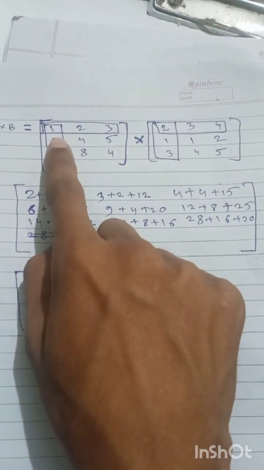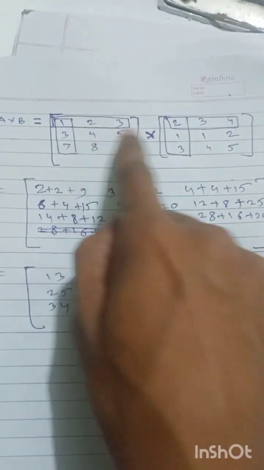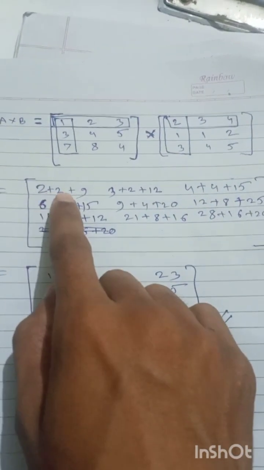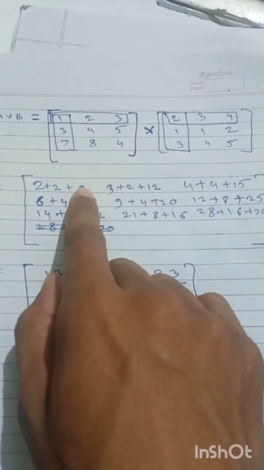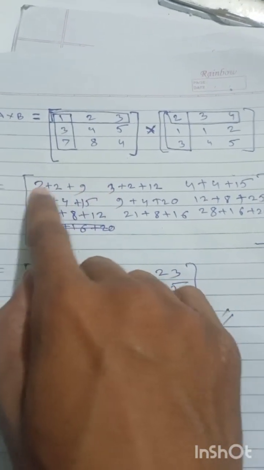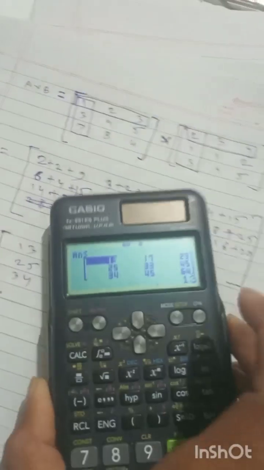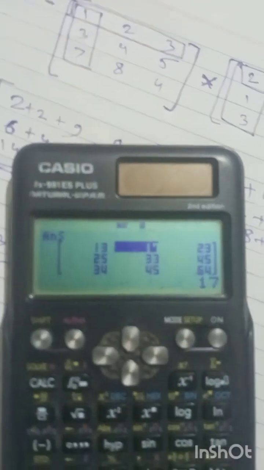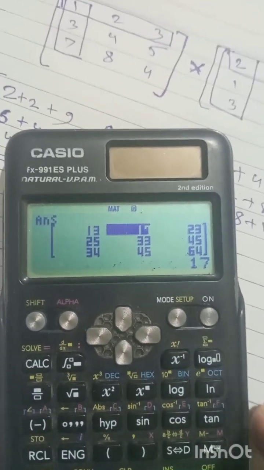So 1 is multiplied by 2, then 2 is multiplied by 1, 2 into 1 is 2, plus 3 is multiplied by 3, 9. 2 plus 2 plus 9, we get 13, right? So we get 13, we can check.